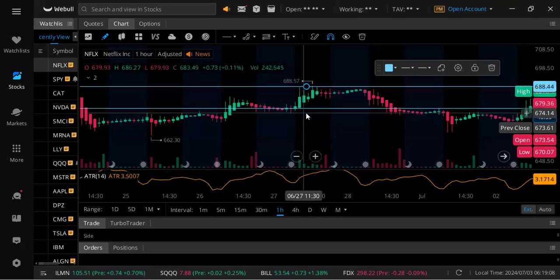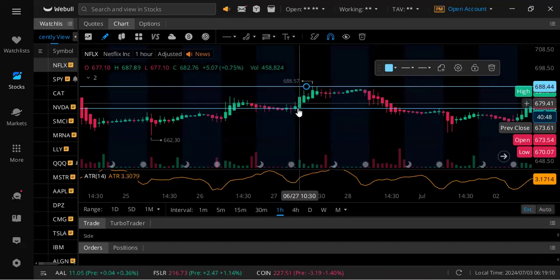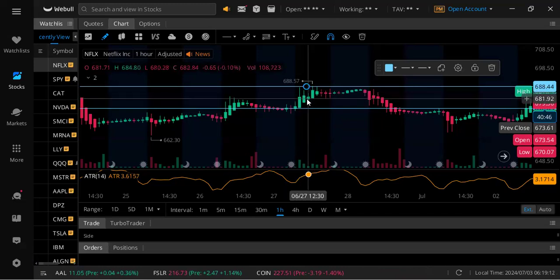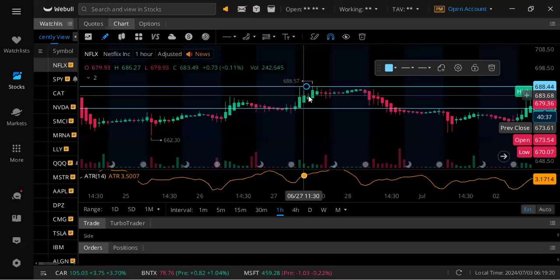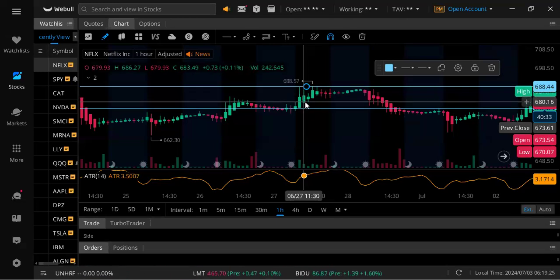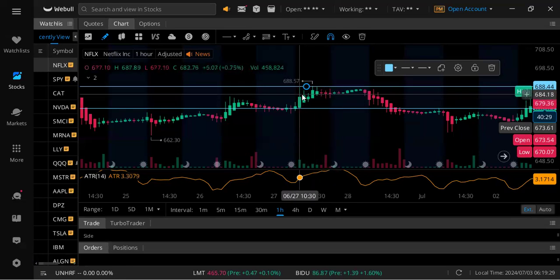So at the top of the week, we had a strong bullish candle, but look at this, the second hour barely touched the first hour high. The third hour barely touched. The next hour is when it touched, but clearly after the second hour, if it's not breaking above the first hour high, it's already telling you what to anticipate.